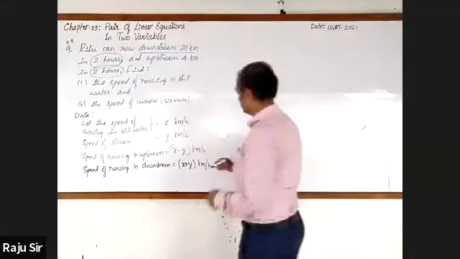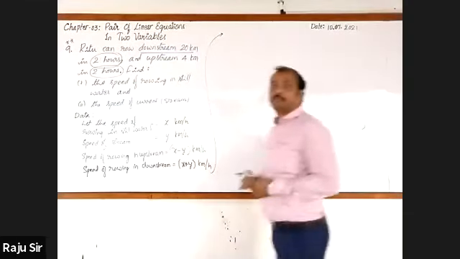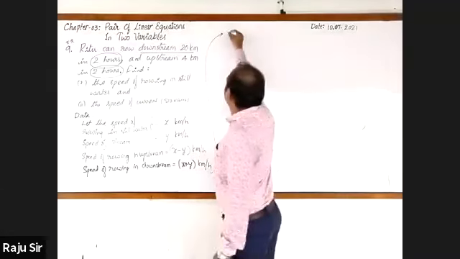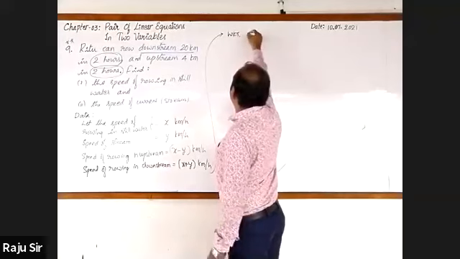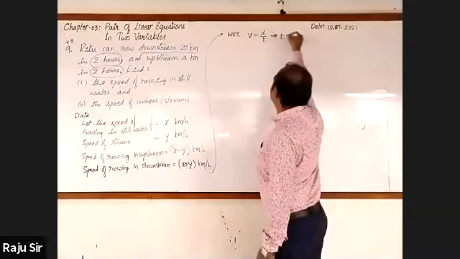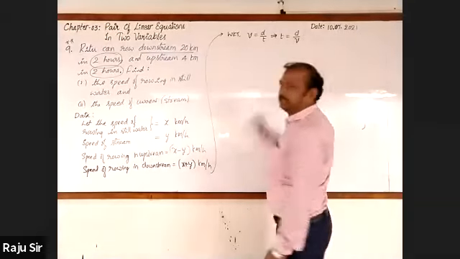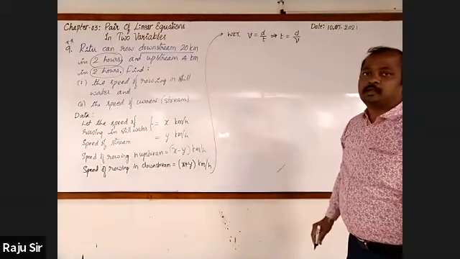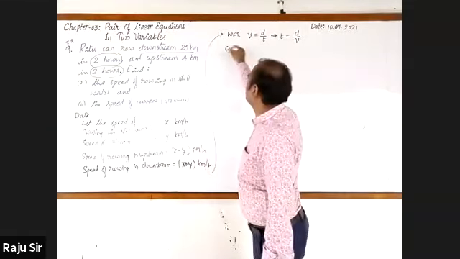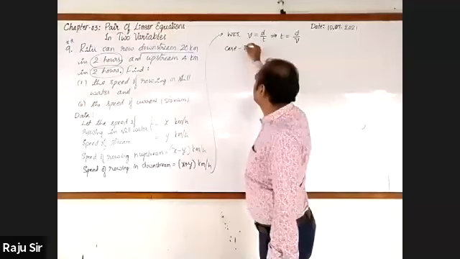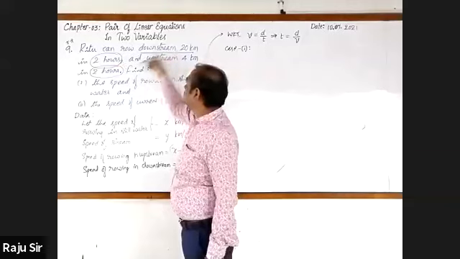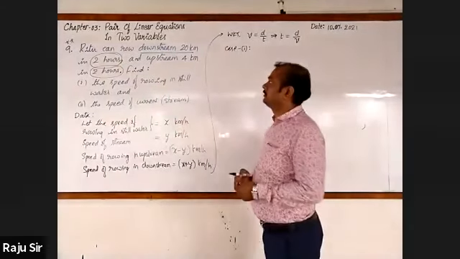Next, we all know that speed is equal to distance by time, and time is equal to distance by speed. Let me take situation 1, or case 1: Ritu can row downstream 20 kilometers in 2 hours.